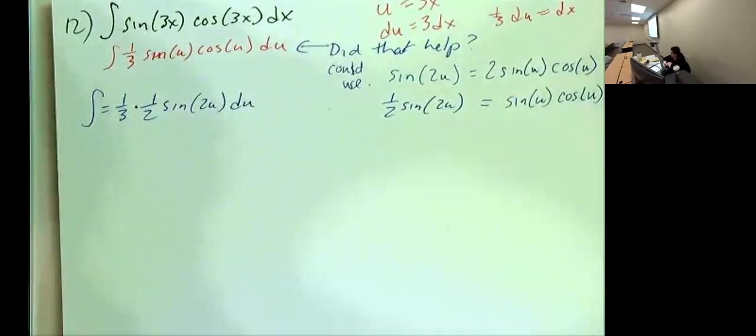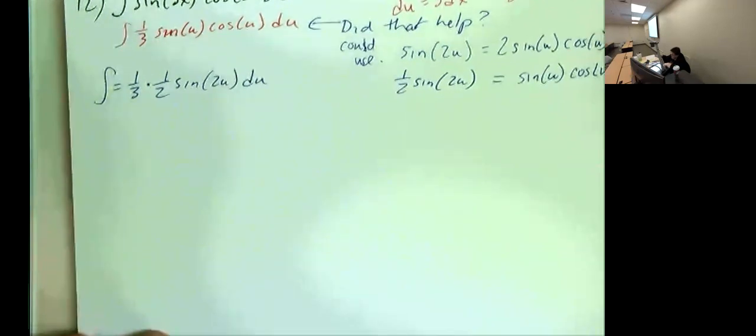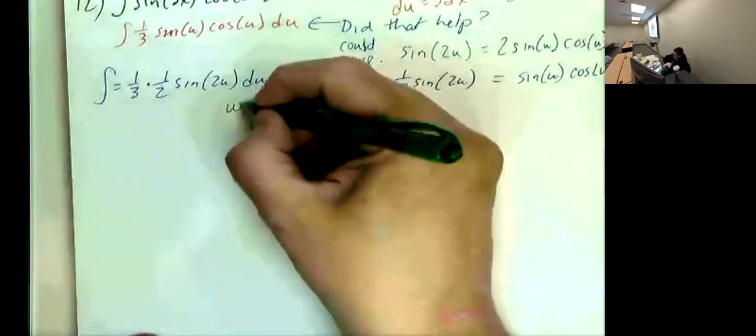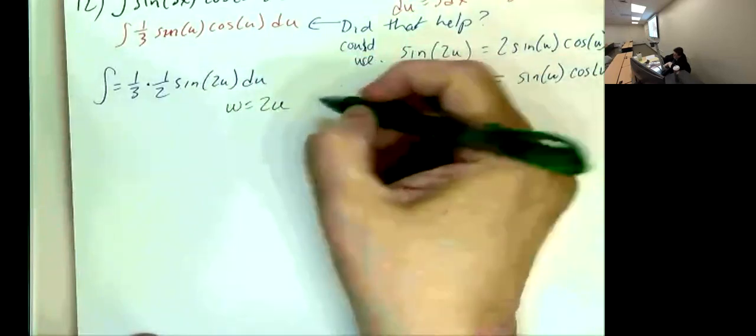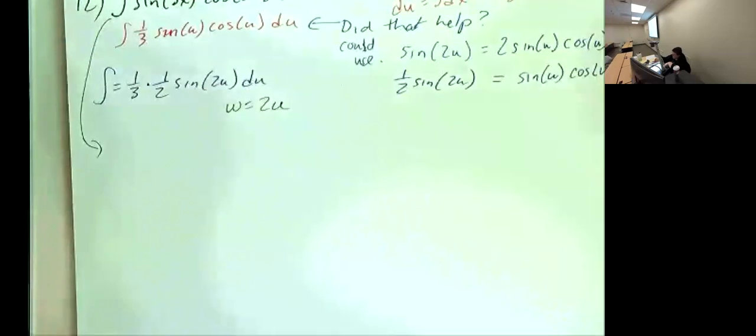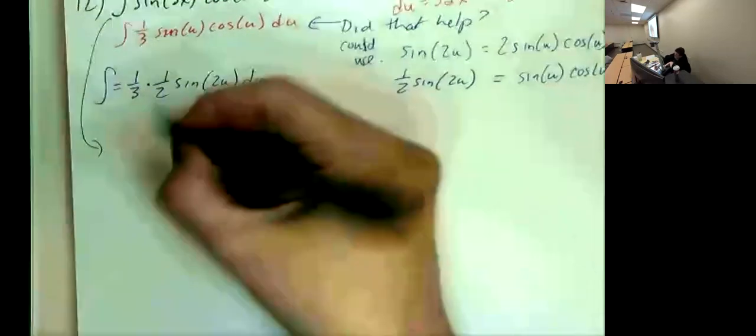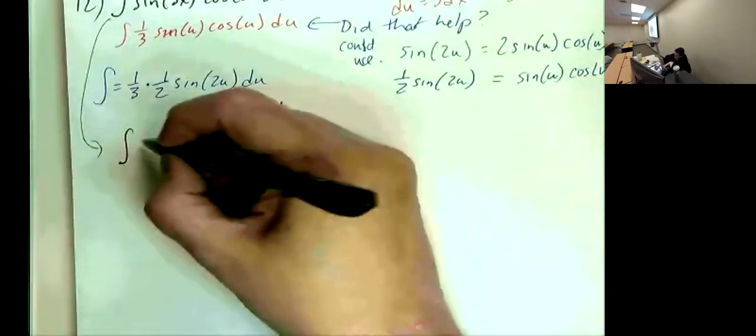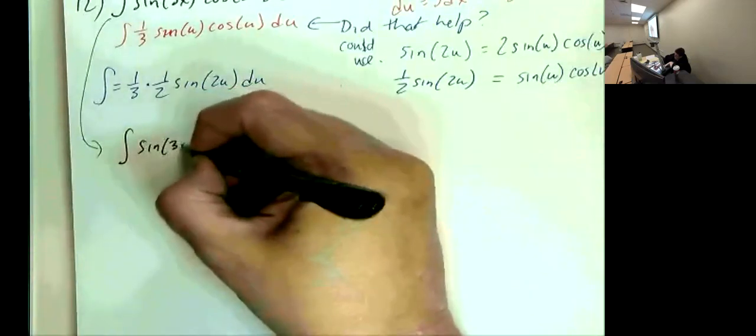Then integrating, now I gotta do another sub on the 2u because we don't integrate sine of 2u. So we could go this route. We'd have to do a w equals 2u and do another replacement. I'm gonna go back and say, let's try something else. Why don't we just pick one of the trig functions to be the u sub?